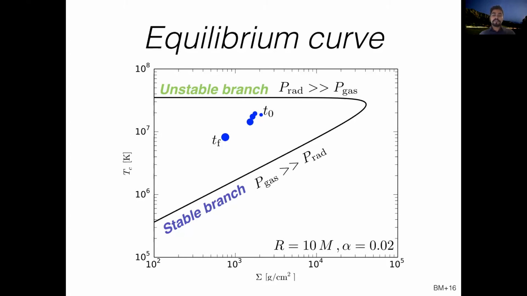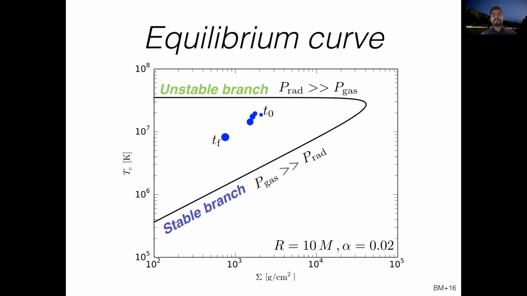Now the philosophical question here is that to decide what value of alpha you want, you have to rely on an MHD or GRMHD model. But in order to initialize your setup, you have to decide where you want to be with your T naught, like the one here, the smallest blue dot. Once we performed these GRMHD models, we found that alpha is 0.02.